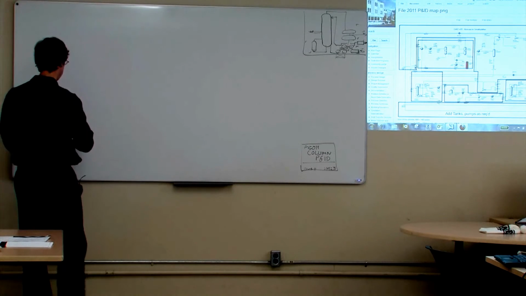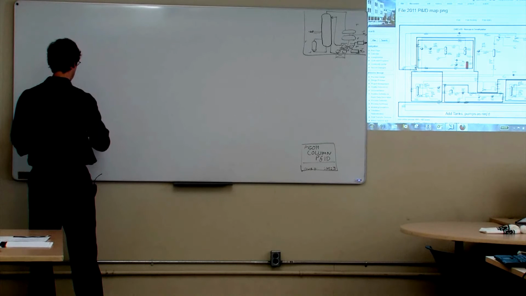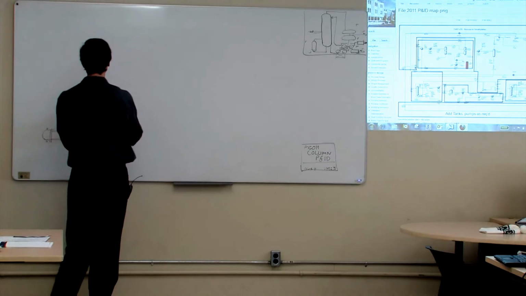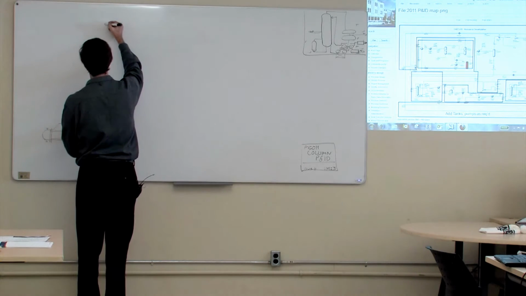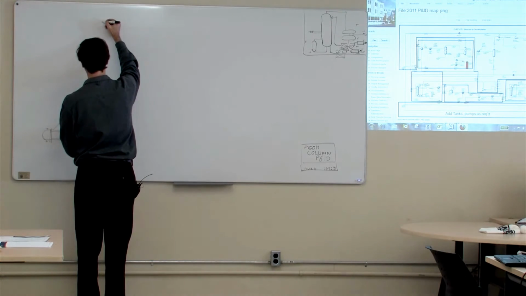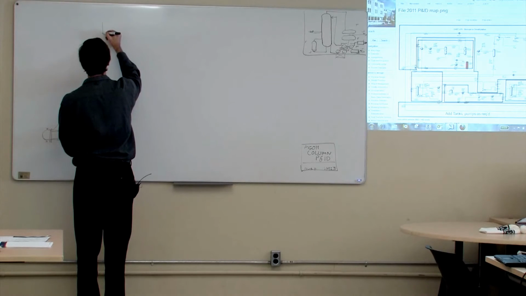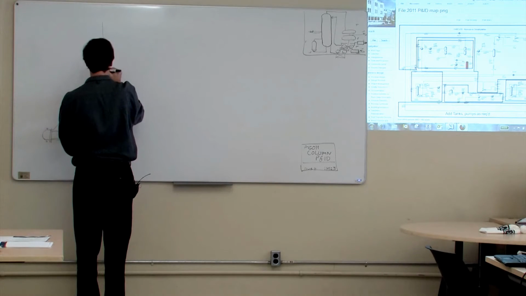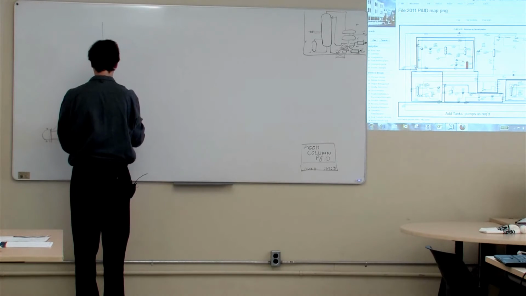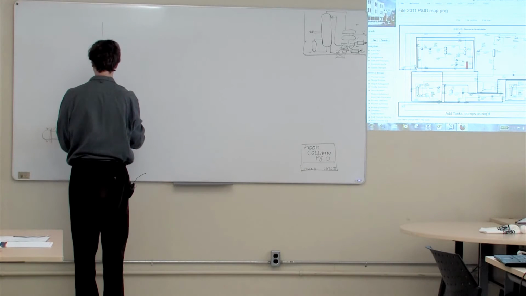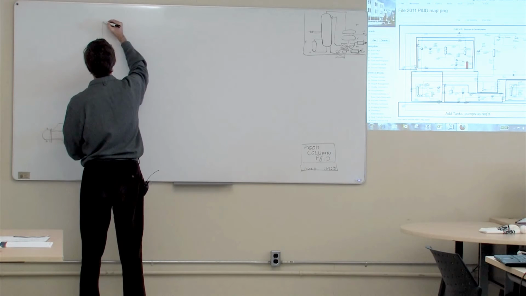Okay. I want to get a little bit of space in here before I put my tower in. So I'm going to put my tower in right around here. It's not a very straight line, is it?